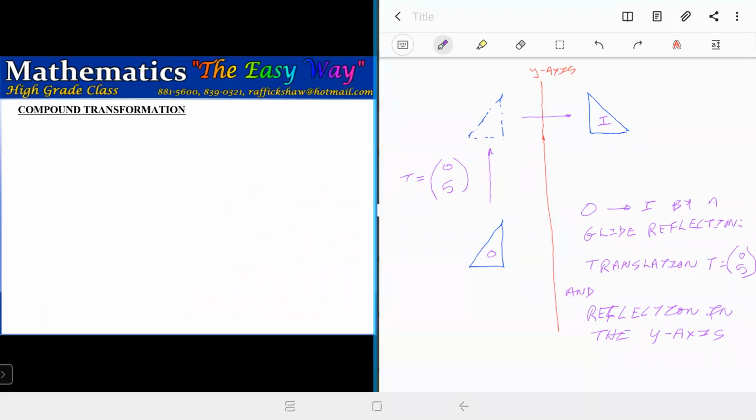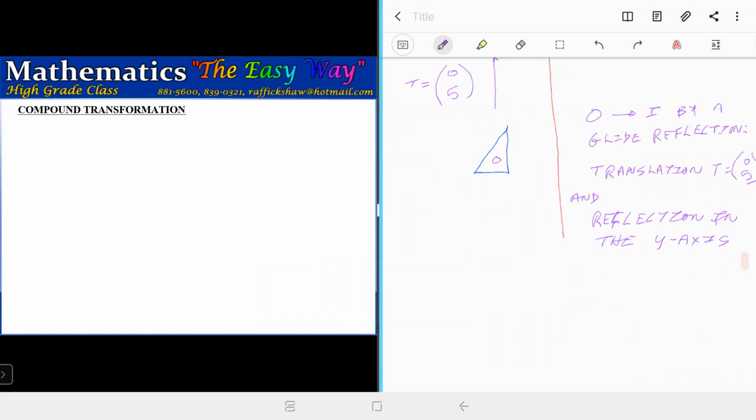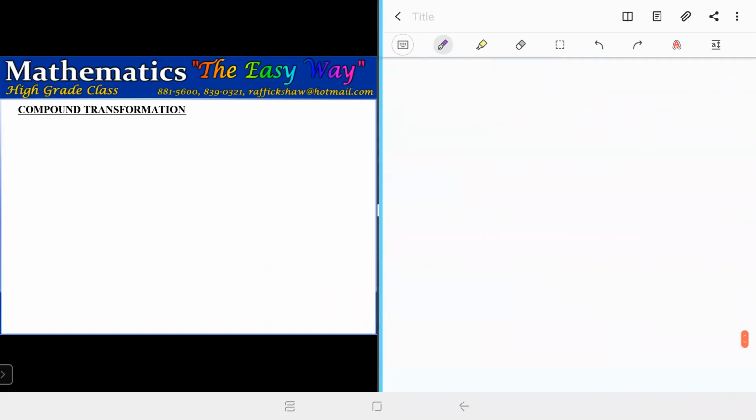What we're going to look at now is compound transformation. Right, it's on the must-know sheet as well. Almost every exam question you do, you're going to get a compound transformation. Compound transformation, I can tell you right now, is similar to composite function. Remember the composite function f of g? This meant g followed by f.